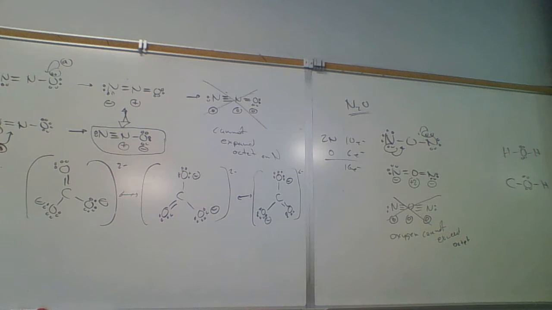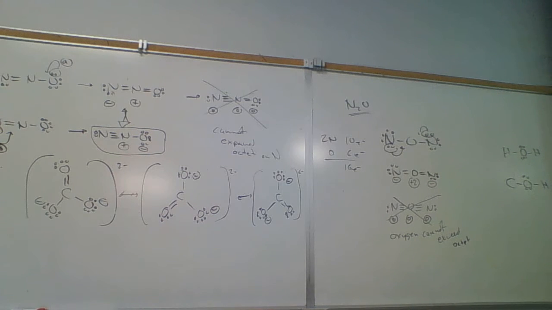On the one hand, if the plus charge is going to go on something, it should go on nitrogen. We can make nitrogen have a plus and oxygen be 0 by going back to this. If we go back to this, what is it?